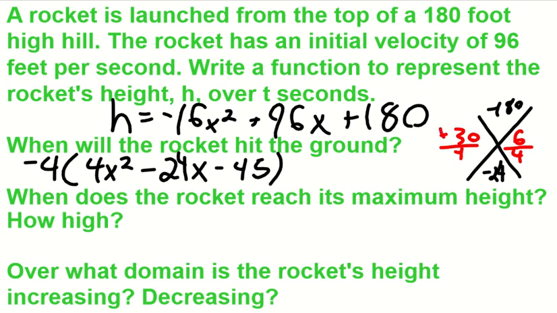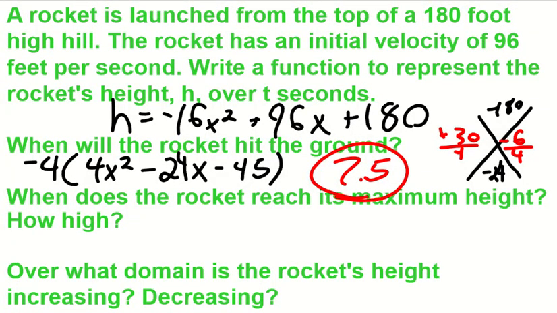So the 30 over 4 becomes my positive, 6 over 4 becomes my negative. So 30 over 4 is where it hits the ground, because that's the positive zero. We got to simplify that. 30 over 4 could simplify to 15 over 2. 15 divided by 2, if we put it as a decimal, that's giving us a 7.5.